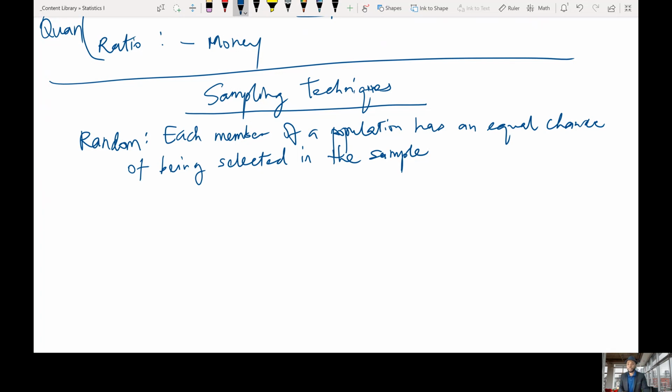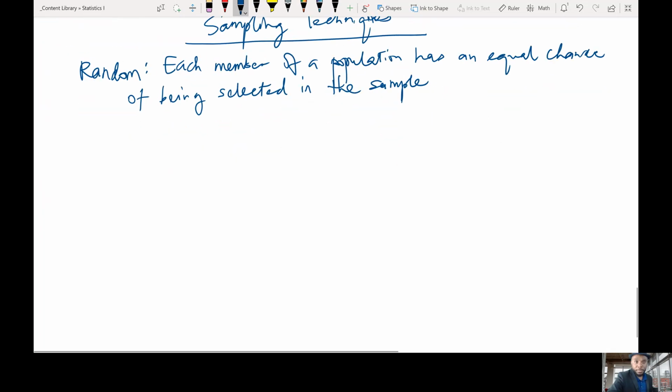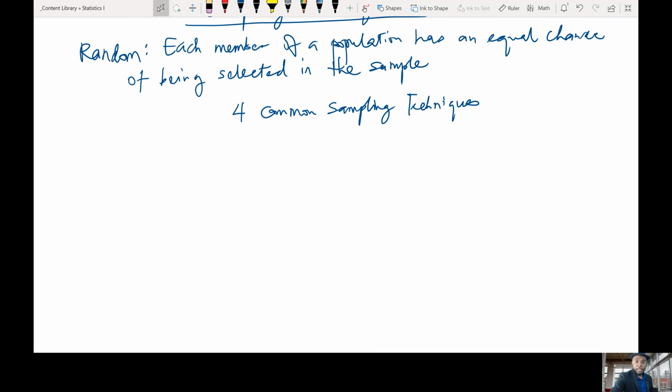Now, for the statistical sampling techniques that we'll talk about here, we'll look at four common sampling techniques. Now, the first one we'll say is a simple random. Okay, let me start with convenience sampling.